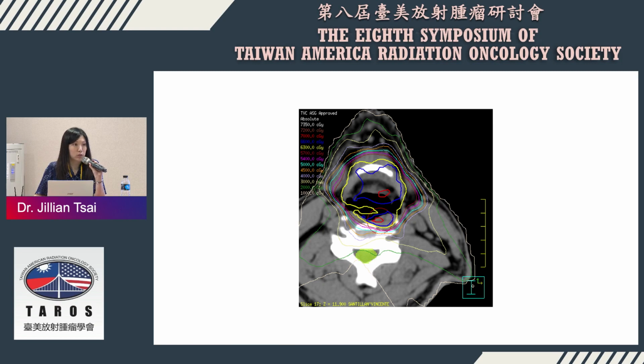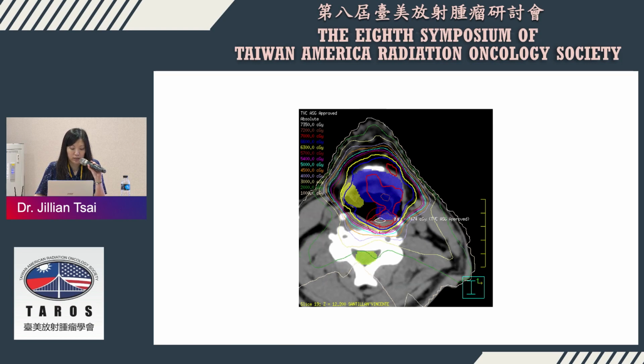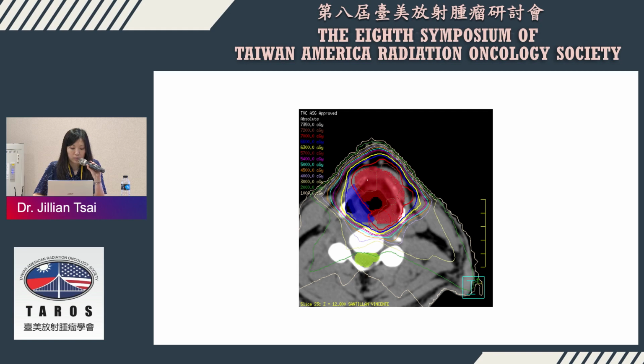So I want to show the dose distribution here. You contour the GTV, and with the higher dose, the 66 gray here on the left side, you do spare a little bit on the right side with a lower dose in the 50 gray range. The goal is to spare the carotid artery contralaterally.